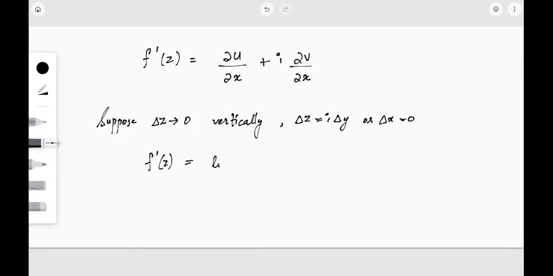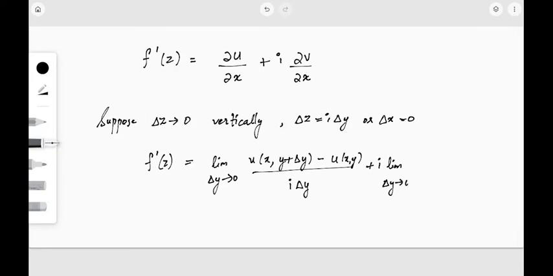Our terms will be limit delta y tends to 0 u of x comma y plus delta y minus u of xy whole divided by I into delta y, then plus I into limit delta y tends to 0 v of x comma y plus delta y minus v of x comma y whole divided by I into delta y.